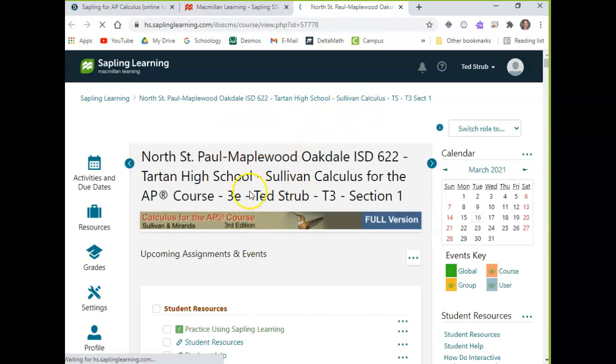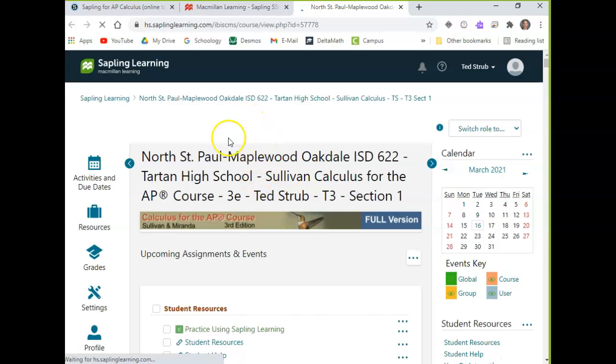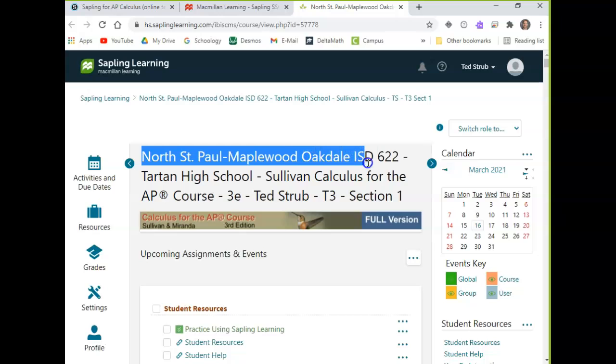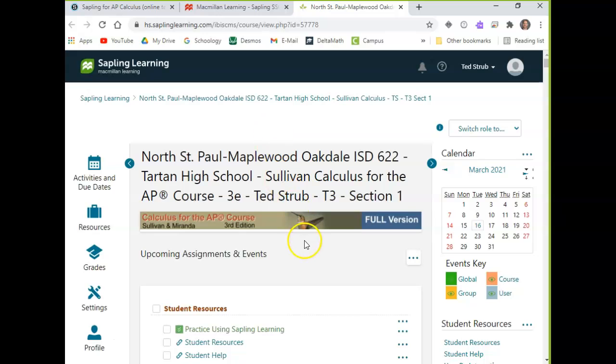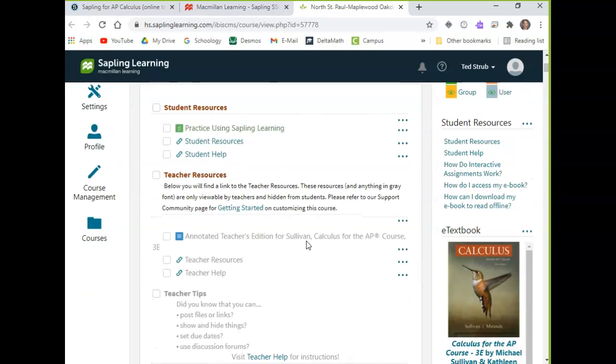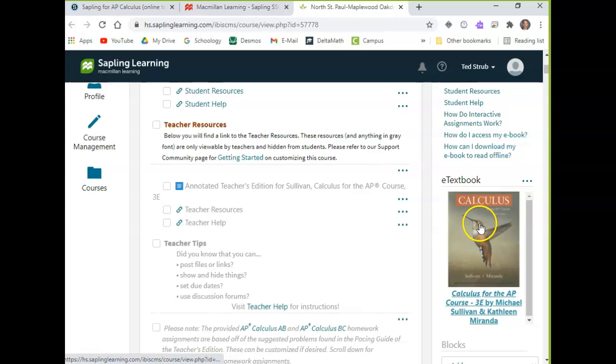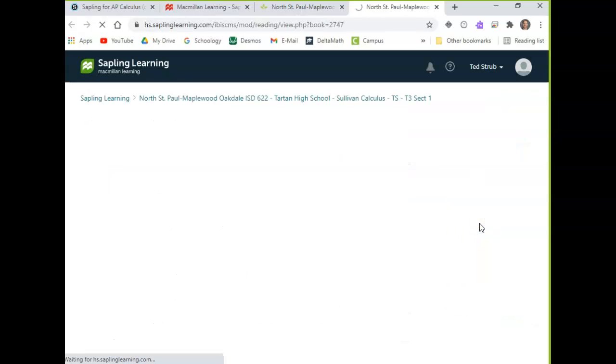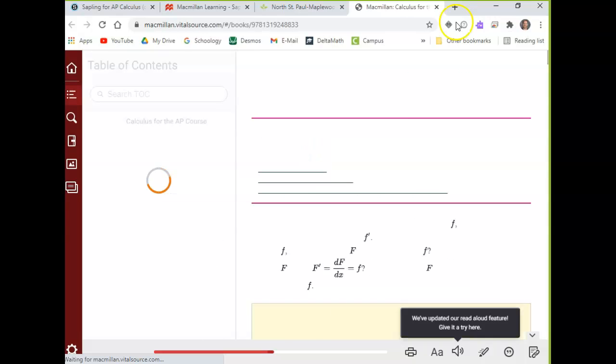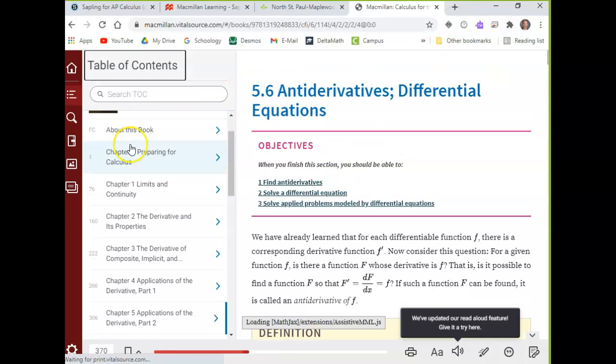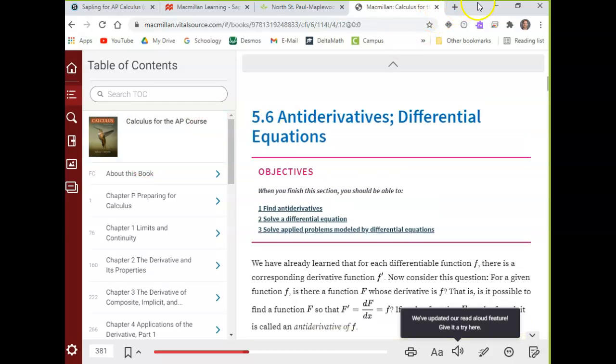It's not going to give you exactly what I see here, but you have to search, and you'll have to type in North St. Paul, Maplewood, Oakdale, and I think once that comes up, that'll bring you to our specific district. And then you have to create an account, and once you create the account, you can access the e-textbook on the side. If you need help or you really want to use the online textbook, let me know. Stop into my office hours and I can help you out. Okay? So that's how you can access the textbook and make use of it if you need it.